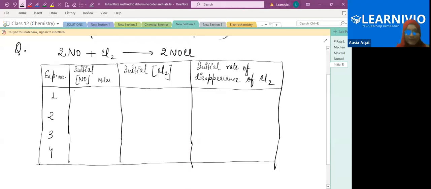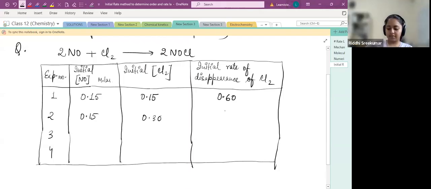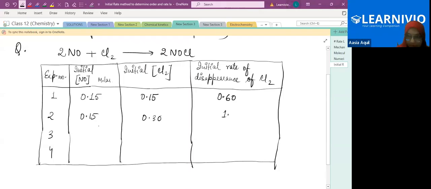For the first experiment, the initial concentration of NO is 0.15 molar, the initial Cl2 concentration is again 0.15, and the initial rate of disappearance is 0.60. Then this is 0.15 again, 0.30. This is given to us in the question.